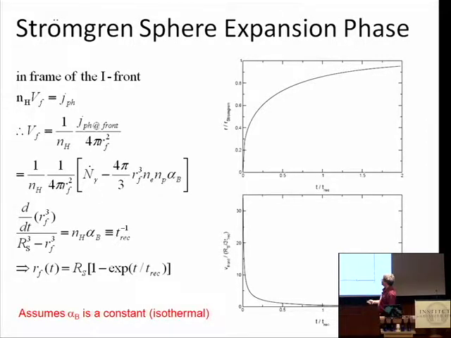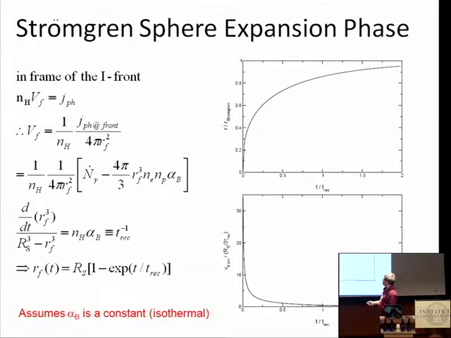Therefore, solving for V sub f, you get this expression here, where J is now the photon flux at the front. Okay, well, what is that? It's just the source of photons minus all the recombinations inside that radius. So here's the volume, considering the point where the front is at r sub f, and then we just multiply by the n squared and the case B recombination coefficient. That's all of the recombinations happening inside of that radius, which is basically removing ionizing photons.